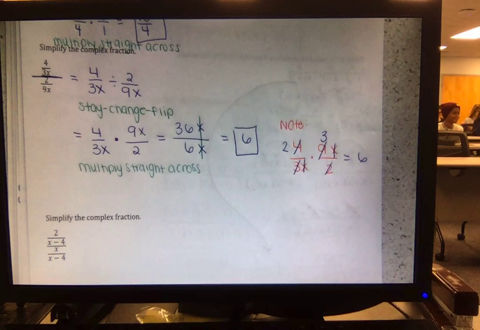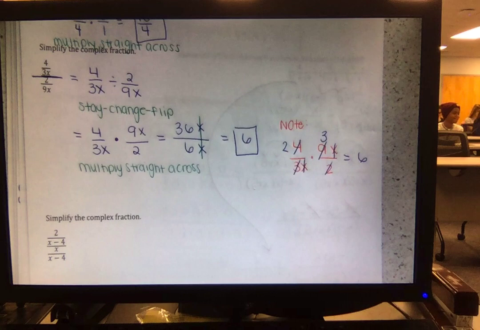So I know we want to stay, change, flip, but before I do that, I have different fractions going on. So I want to combine these into the same fraction. So forgetting about this stuff for a second, if I have 1 minus 2 over x, I want to write this as the same fraction. It's subtracting. How could I subtract two fractions from last week?